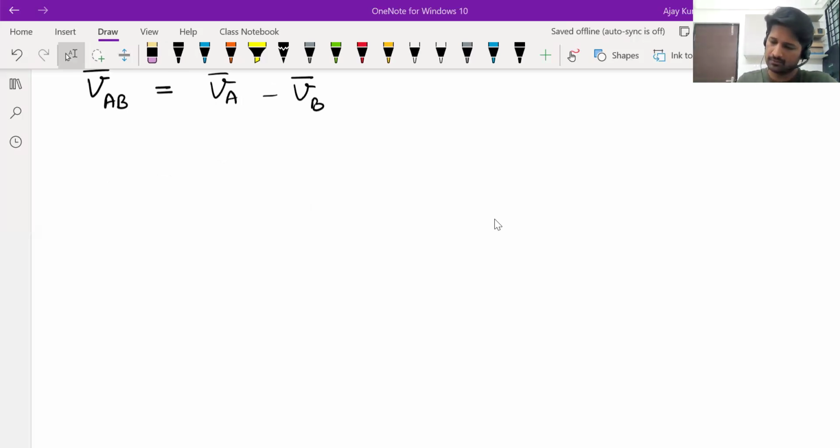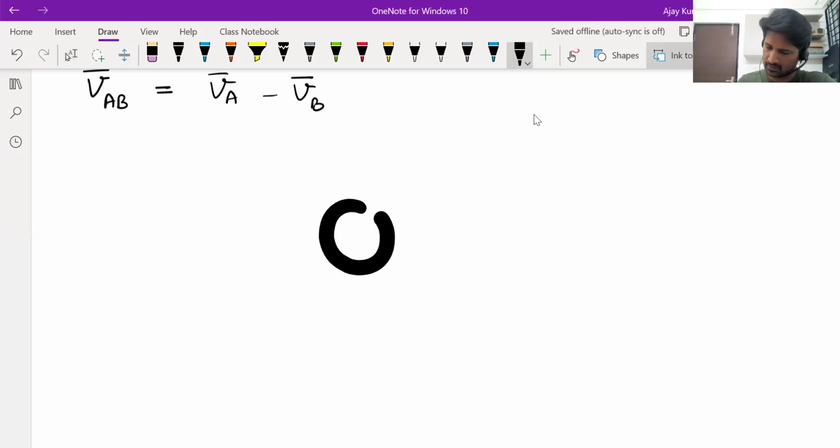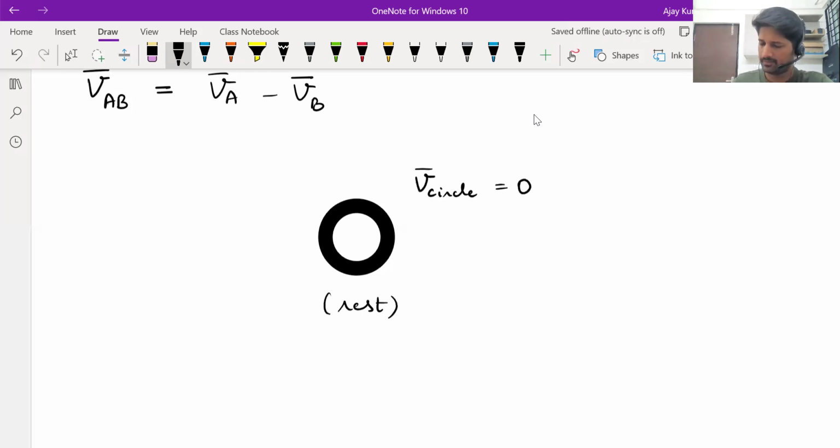Saket, can you unmute? Yes. Okay. Consider this circle. I hope you may be watching on mobile or laptop, whatever. Keep the screen at rest. Don't move the screen. So let's say this is an object which is at rest. That means its actual velocity is 0.